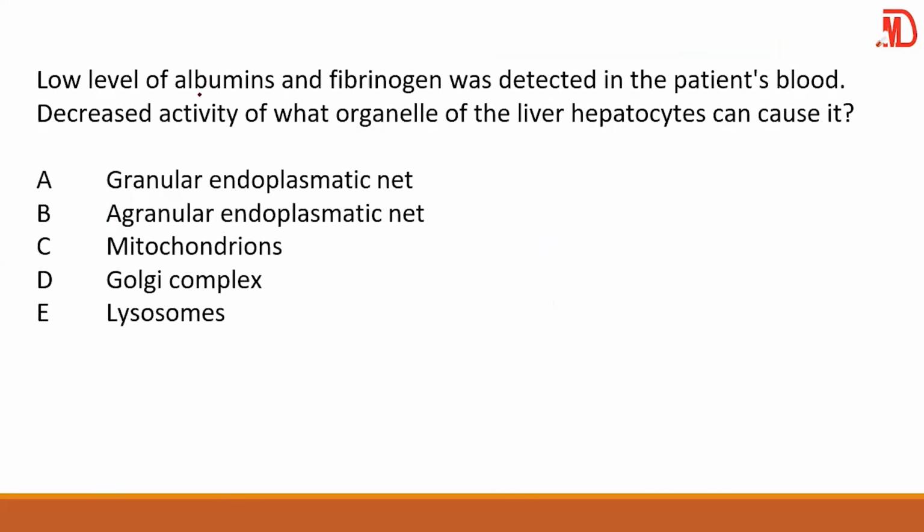Low level of albumin and fibrinogen was detected in the patient's blood. Decreased activity of what organelle of the liver hepatocytes can cause it? Don't forget all these albumins and fibrinogens are all forms of proteins. So you ask yourself, which organelle inside the cell loves proteins?